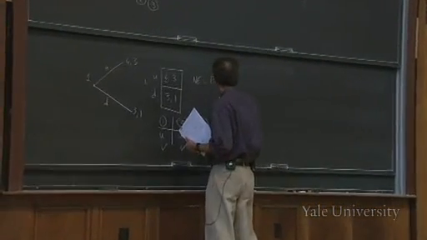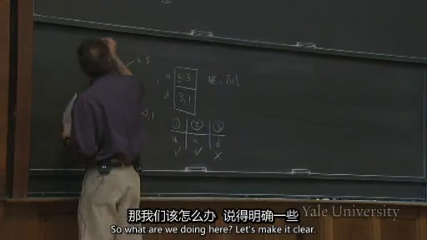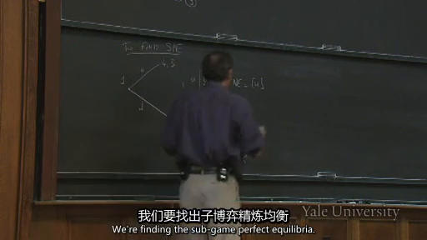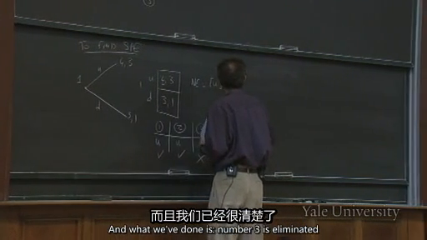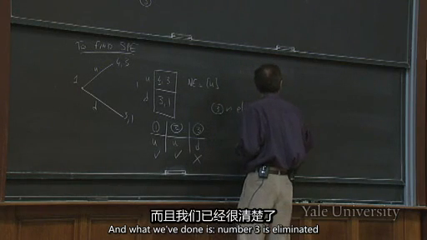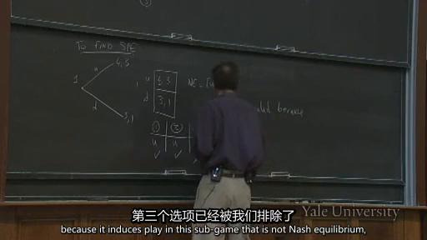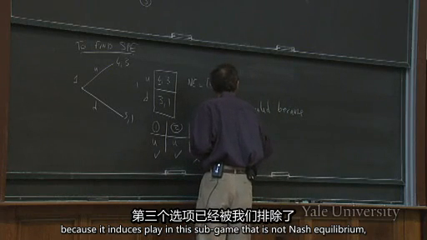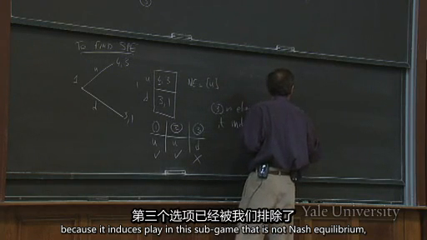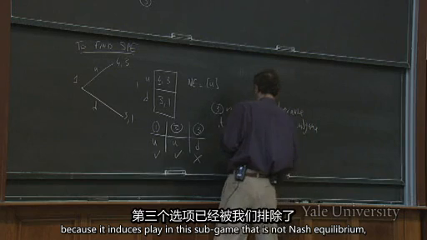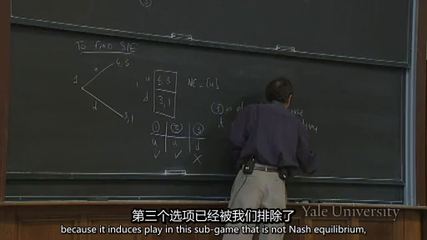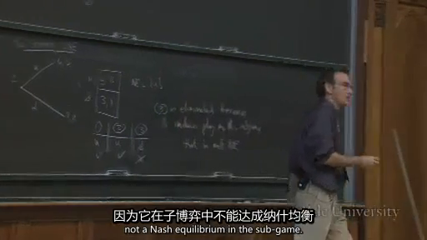So what are we doing here? Let's make it clear. We're finding the subgame perfect equilibria, and what we've done is, number 3 is eliminated because it induces play in this subgame that is not a Nash equilibrium in the subgame.